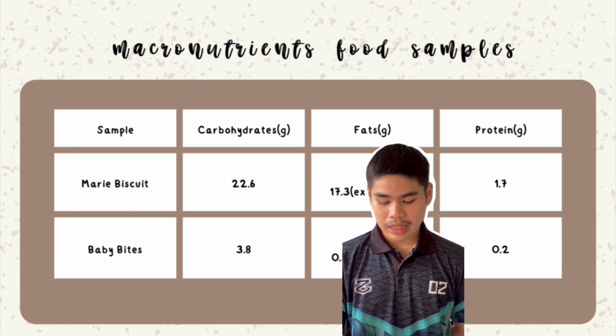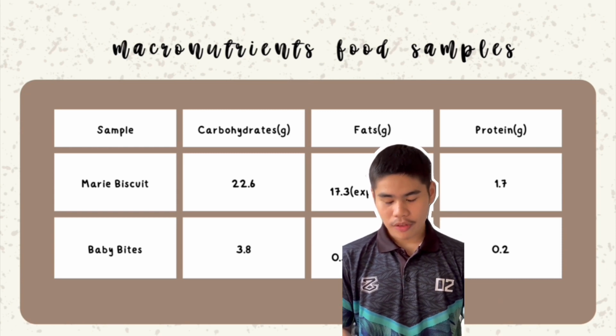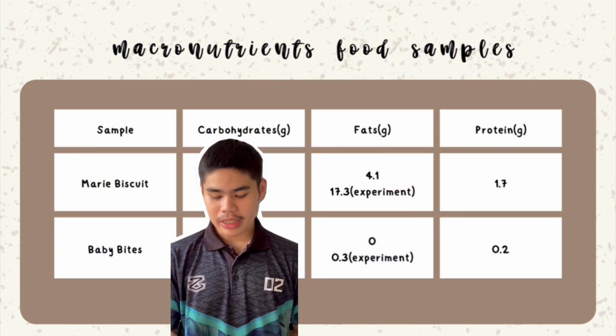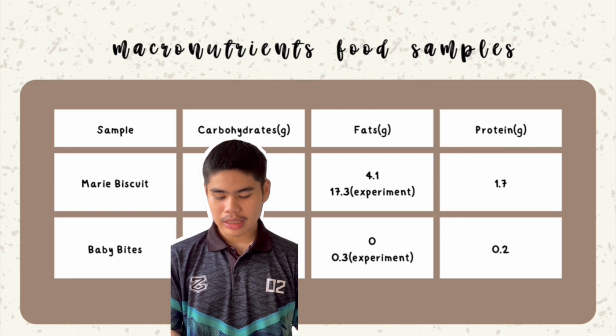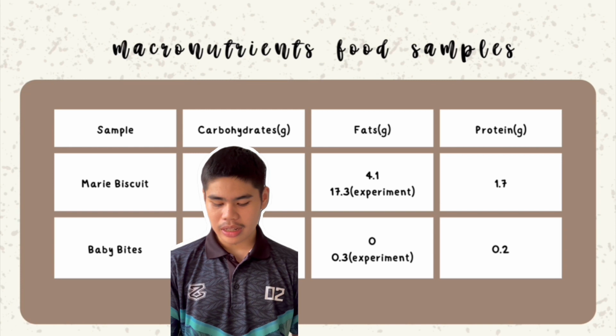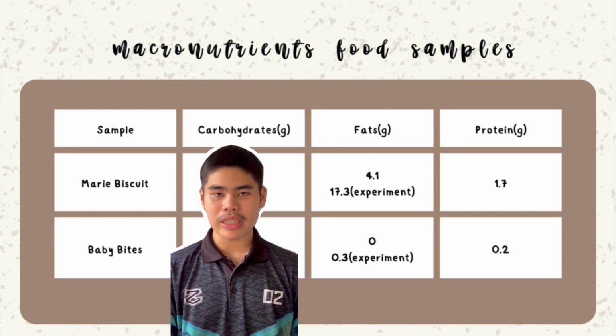And then for next, for Mary Biscuit, carbohydrate is 22.6 gram. For Baby Bites it is 3.8 grams. For fat, in the nutrition label it is 4.1, and for the experiment we get 70.3.